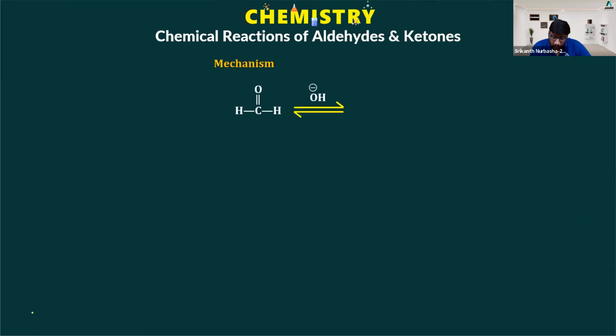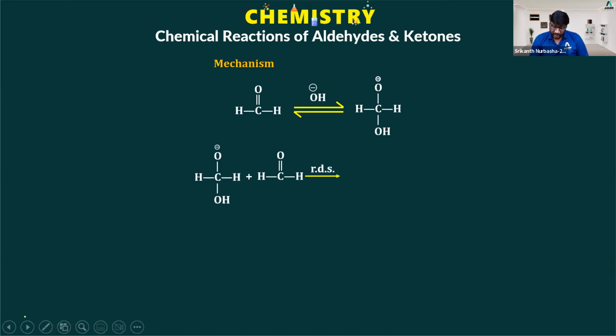Mechanism, as I have told you, HC double bond H is attacked by OH minus. OH minus acts as a nucleophile, forming H, C, H, OH, O minus. This HCO minus, CHOH, reacts with the next molecule. Here hydride ion is obtained, right? That hydride ion will act as a nucleophile. So it will form HC double bond OH, negative charge coming in, the hydride ion acting as a nucleophile attacks the carbon.